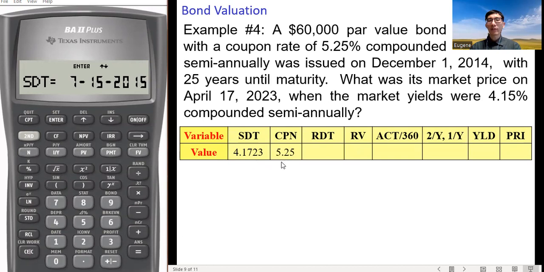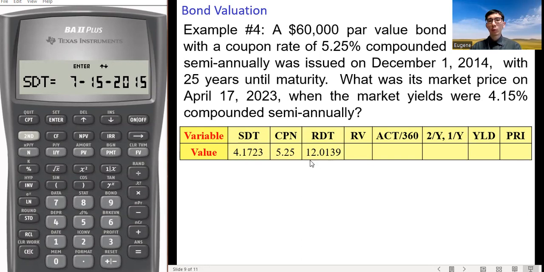Coupon rate 5.25. Redemption date. The bond was issued on December the 1st, 2014, with 25 years until maturity. So 25 years after December the 1st, 2014 is December the 1st, 2039.